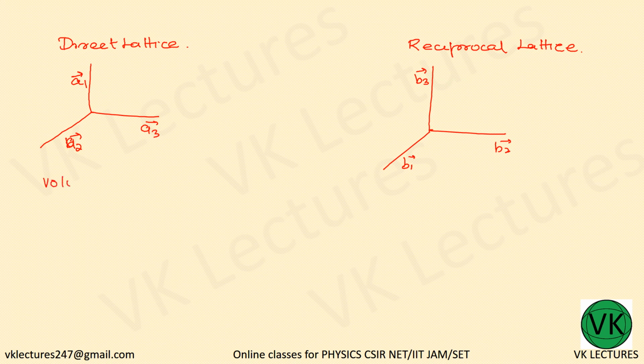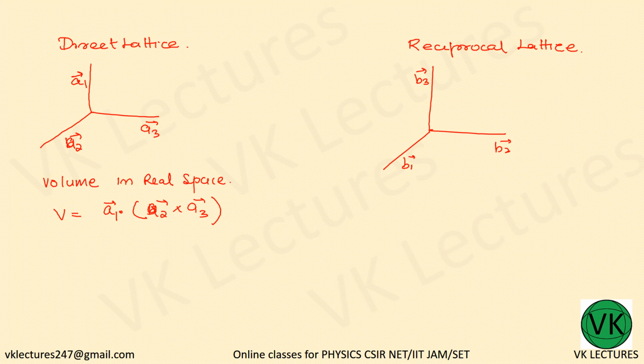Volume in the real space, for the direct lattice, is spanned out by the real values, so volume V is equal to A1 dot A2 cross A3.